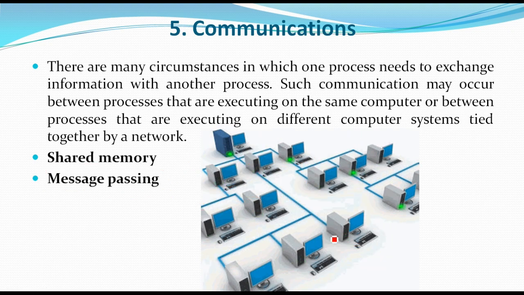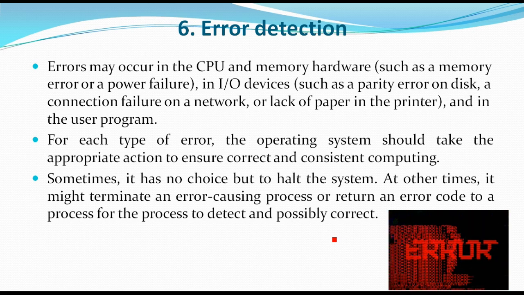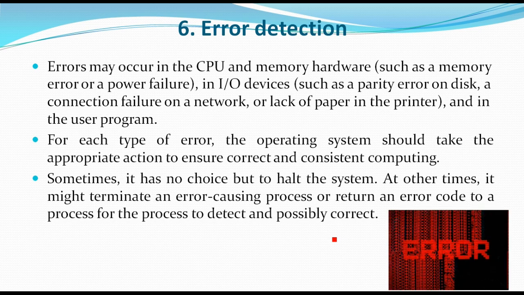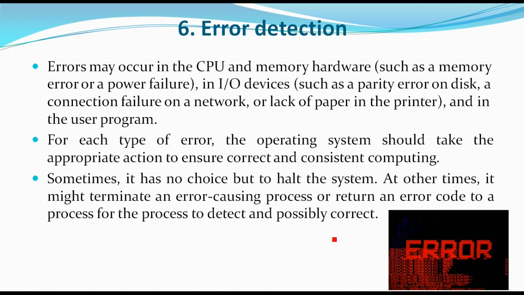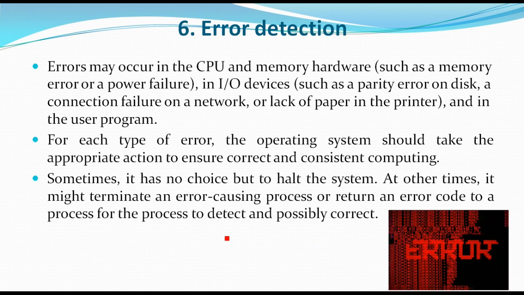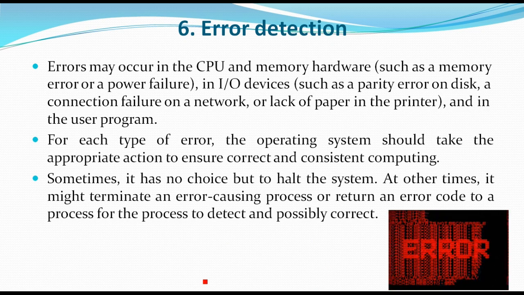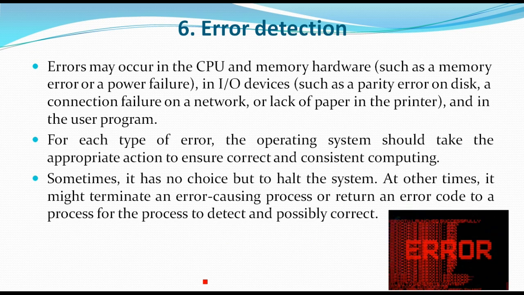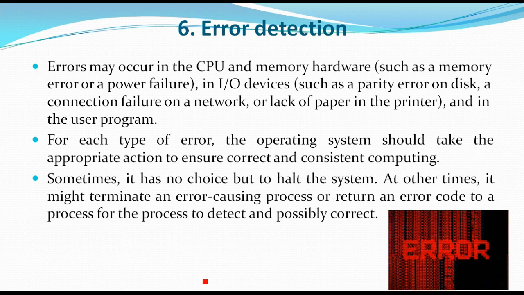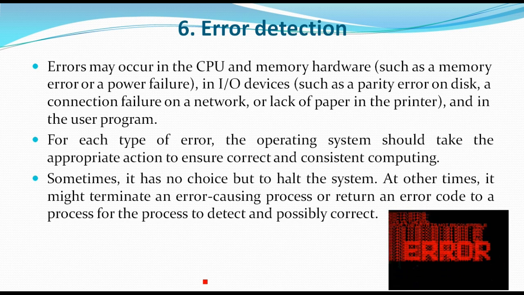Let's move to the sixth one, that is error detection. So the operating system needs to be constantly aware of the possible errors, because errors may occur in the CPU and memory hardware, such as memory errors or power failure errors, or in IO devices such as parity errors on the disk or connection failure on the network, or lack of paper in the printer, and in the user program.